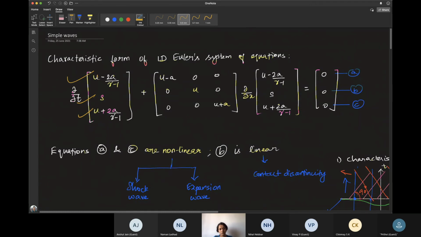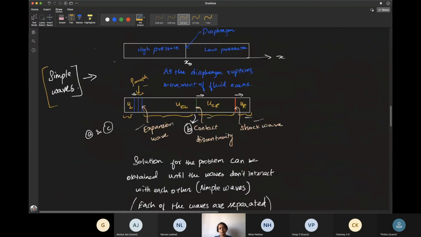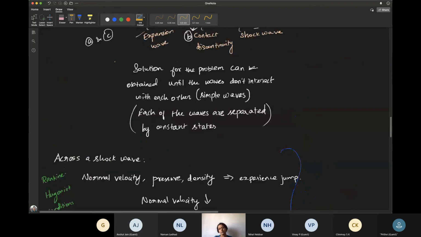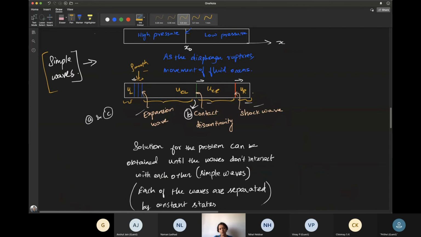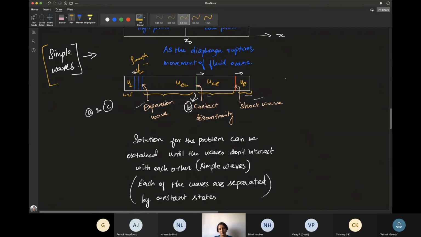I mean, although we have U in all the equations, and the solution is interdependent on all the three equations, we can solve each of them separately by assuming that there won't be an effect of one wave on another wave. So this is known as the simple wave assumption. With this assumption, we can obtain the solution only for such a case.